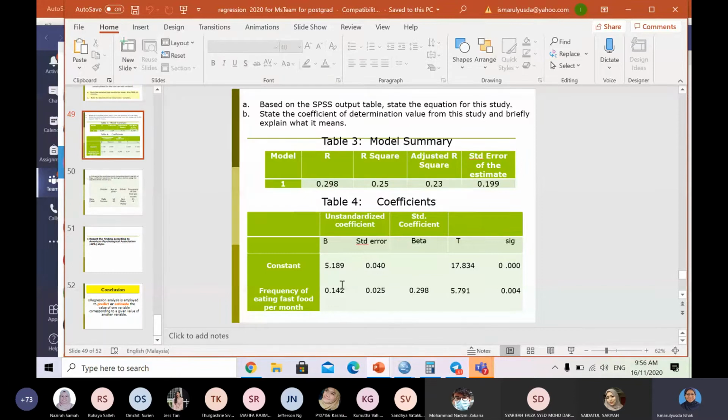The variations in total cholesterol, 25%, can be predicted by the variance of frequency of eating fast food per month. Alright, thank you, Doctor. Welcome.